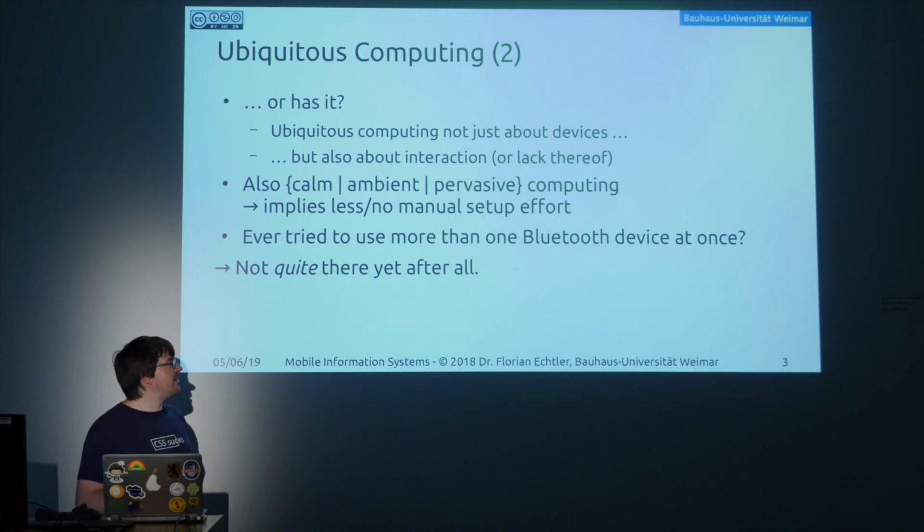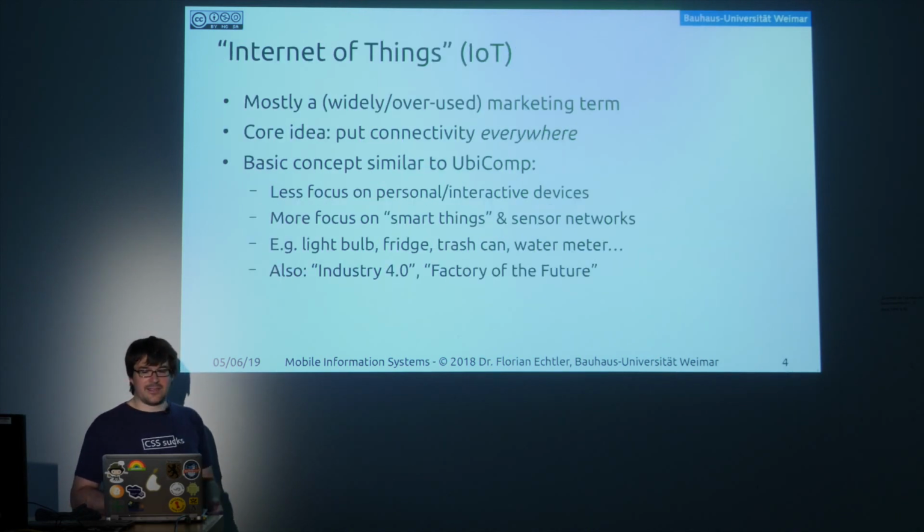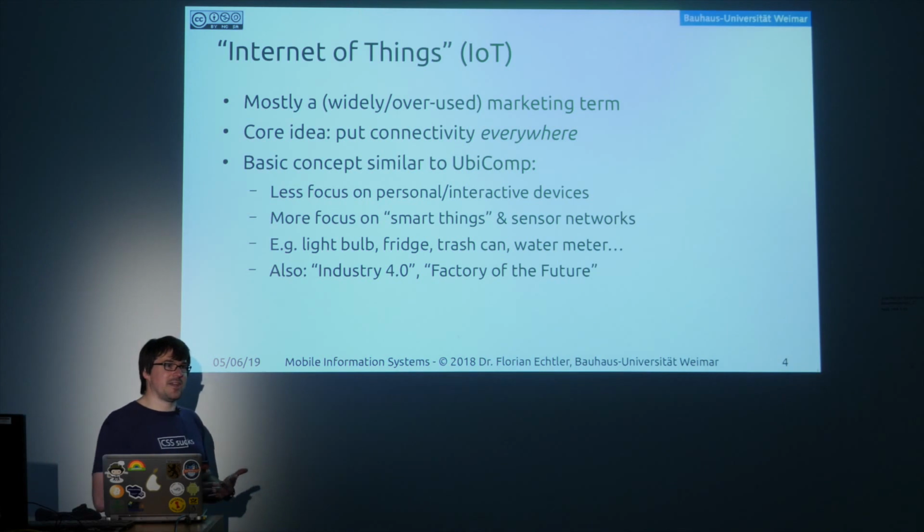The other part I want to talk about today, IoT, the Internet of Things, is mostly a marketing term. Here the idea is that we put connected devices, connected sensors, basically everywhere. Part of that is similar to the idea behind ubiquitous computing: computing devices integrated into everyday life throughout all aspects.